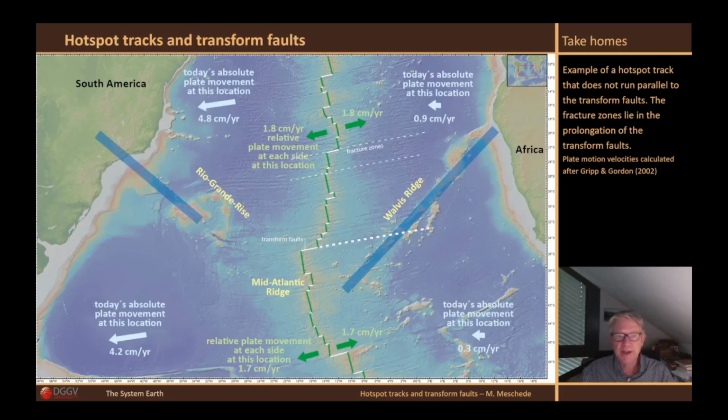I have also entered the plate movement directions and velocities here, so you can also clearly see the difference between relative plate movement as we can observe at the spreading ridge and the absolute plate movement, which shows us that the African plate is moving slightly westward today while the South American plate is drifting much faster westward. The difference between the two movement speeds gives the speed for the relative movement as already shown.